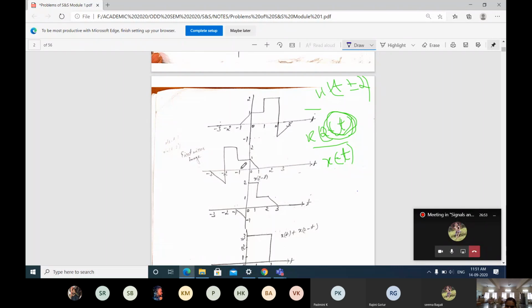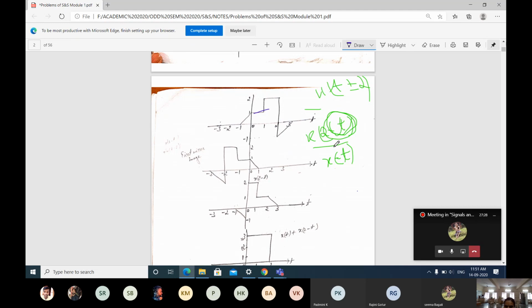Yes, this 1 is going to be minus 1, 2 is minus 2, 3 is minus 3. The same signal, mirror image. This is the mirror image of that signal. Just draw with respect to the time function. With respect to time, where is the edge shown? Instead of 1, here it is going to be minus 1. This is how you have to draw, taking the mirror image of a signal.